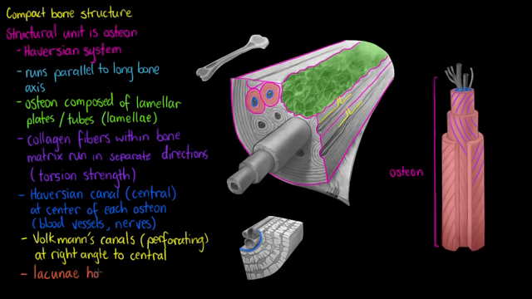Now, something that often gets confused with the lamellae of the osteons is the lacunae. Now, the lacunae I'm going to outline here, and they're points in between our lamellar plates that are empty spaces in which we have osteocytes. So this empty space in which we house an osteocyte is called a lacuna. So I'll just put the osteocytes in green here.